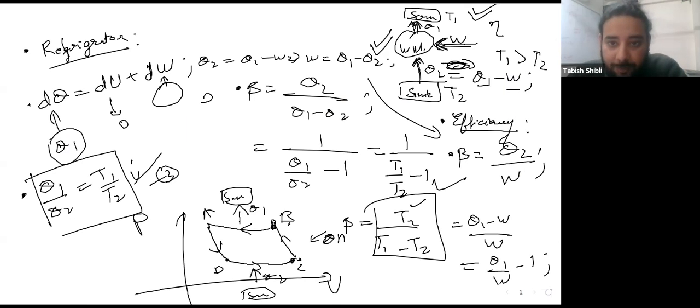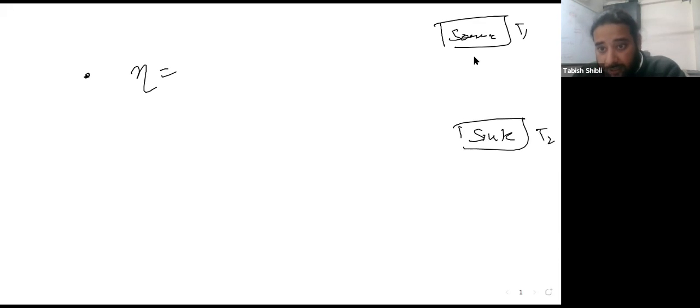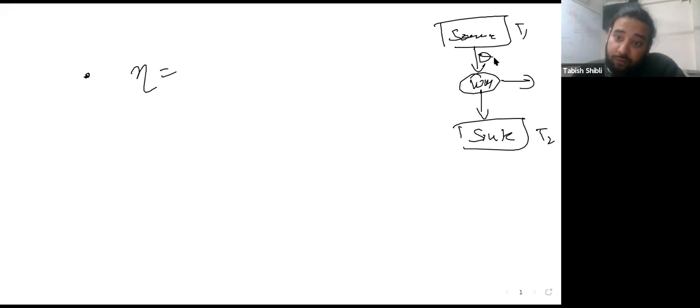See, let me clear all of this. If you remember the efficiency of a cycle which had the source here at temperature T1 and the sink here at temperature T2, and you have the working material here, so Q1 was input, Q2 came out, and with that we did some work done.